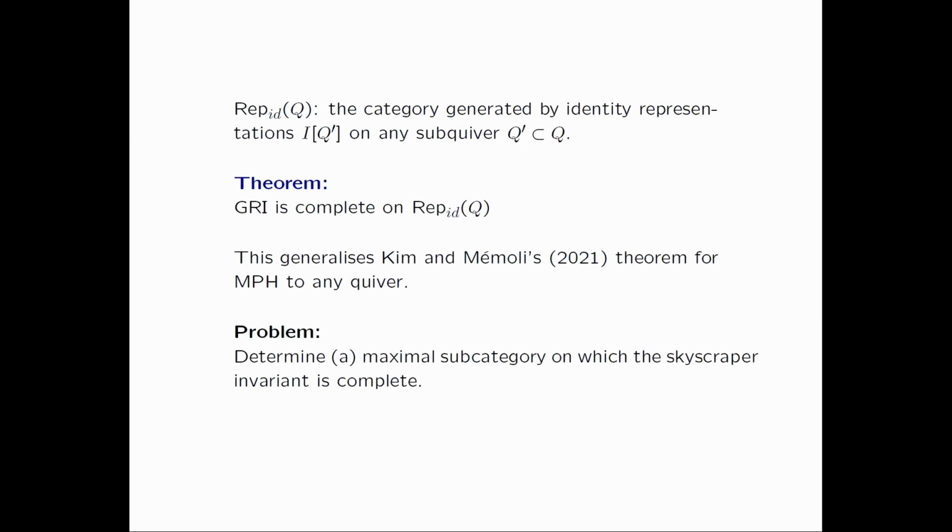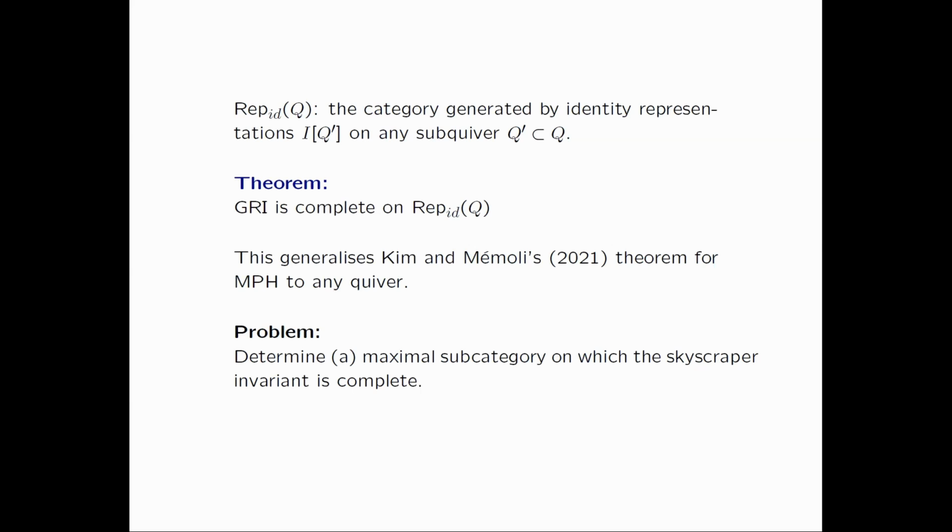So I have a quiver, and I can look at the subcategory generated by all the identity representations. Remember, these are the representations that just assign the one-dimensional vector space to every vertex in the subquiver and an identity to every edge in there.